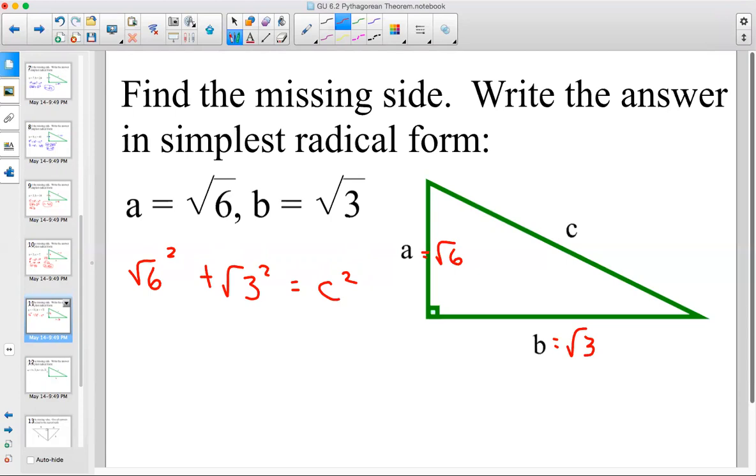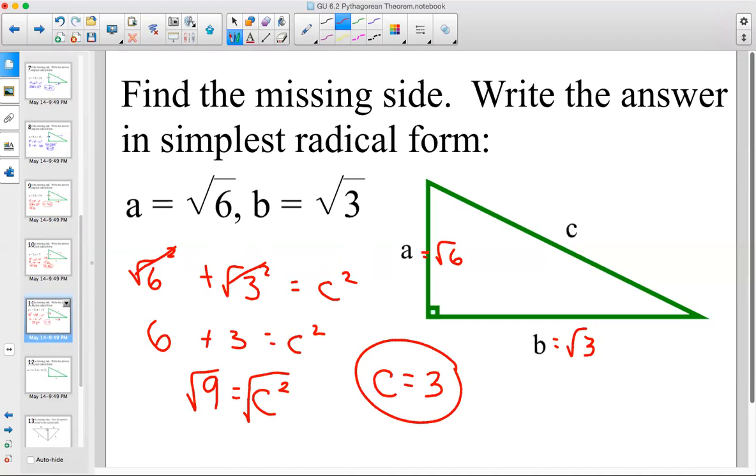So radical 6 squared equals 6. Radical 3 squared is 3. And 6 plus 3 is 9. When you take the square root of both sides, 9 is a perfect square. So C is going to equal 3.